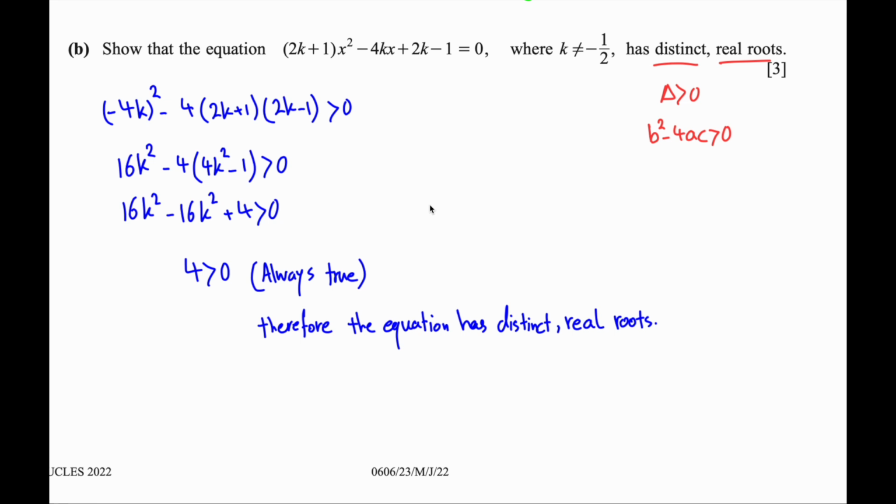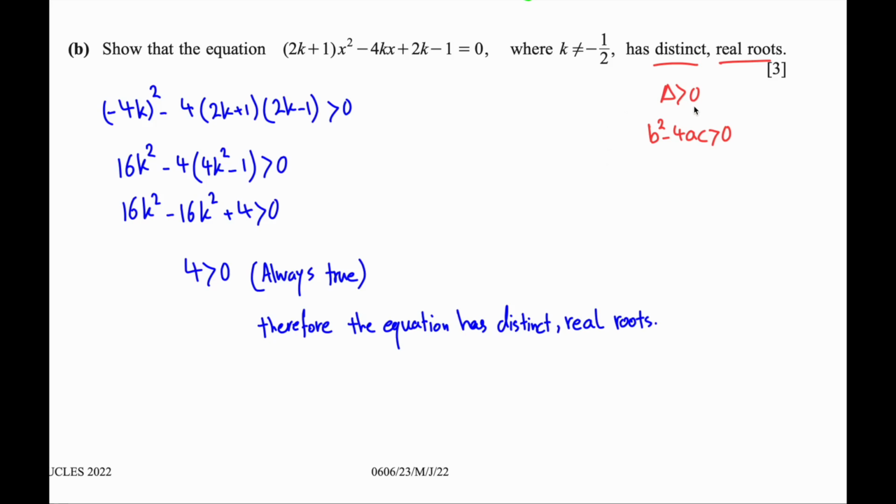In part B, I'm given a quadratic equation and I'm asked to show that it has distinct real roots. So these two words are the key words that you have to be aware of. When we are asked that our quadratic equation has distinct real roots, we have to set our discriminant delta, or b squared minus 4ac, greater than 0.